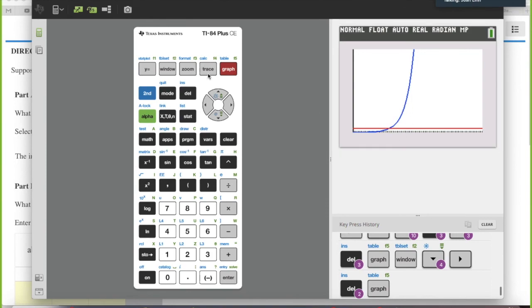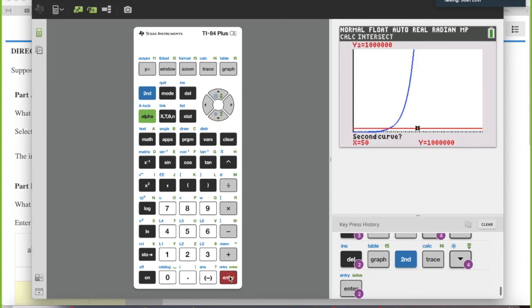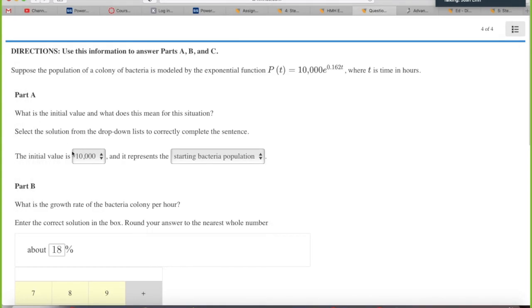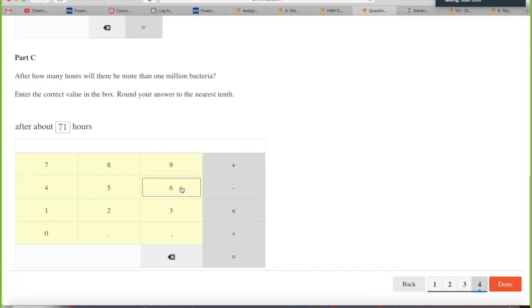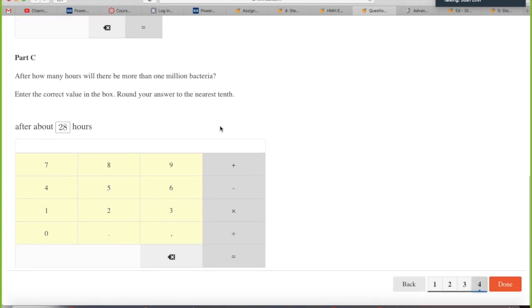So close enough. Calculate. Let's do the intersection. 28.4. Imagine that when you put in a million correctly, you get the right number. So after 28 hours, you're going to have over 1 million bacteria.